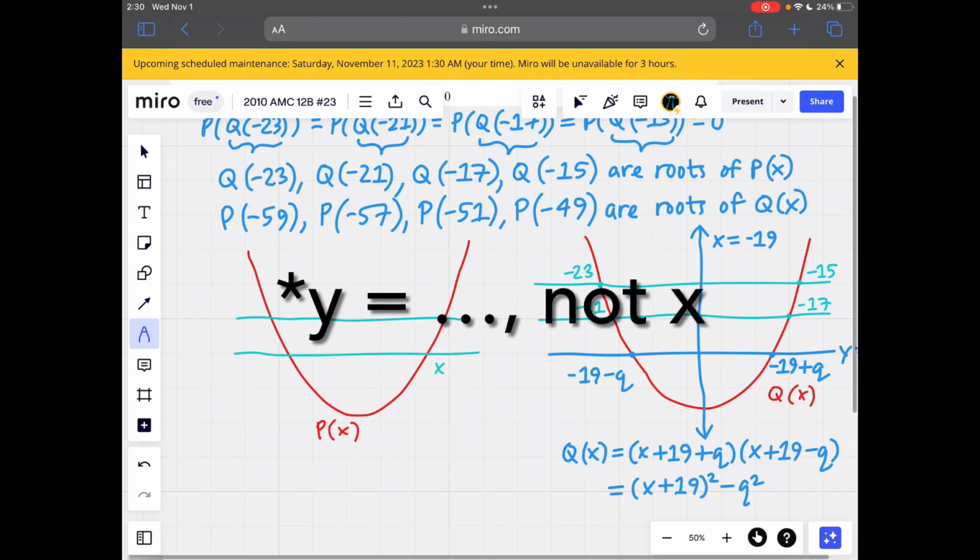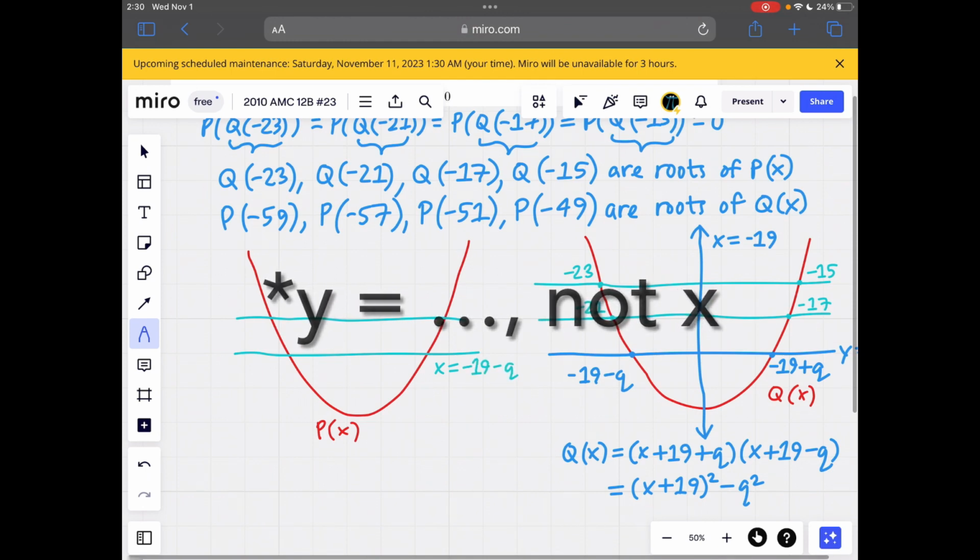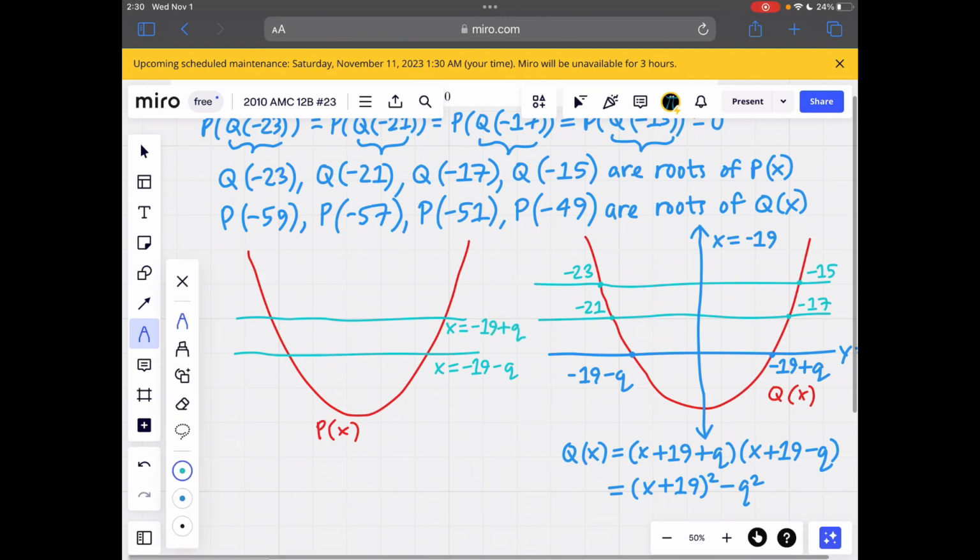Those are x equals minus 19 minus q for the lower one, and x equals minus 19 plus q for the higher one. And the 4 points where these two lines intersect the graph of p of x have x coordinates minus 59, minus 57, minus 51, and minus 49.